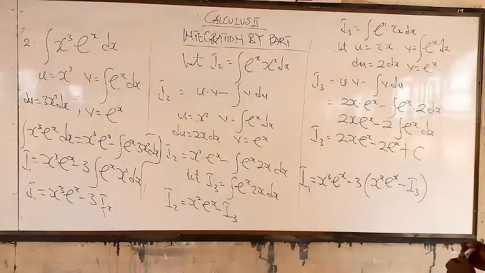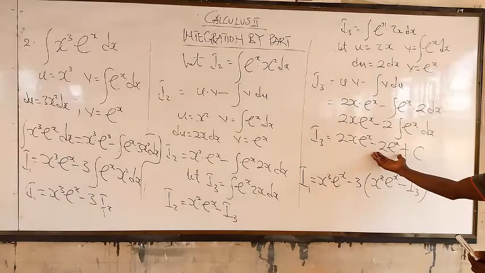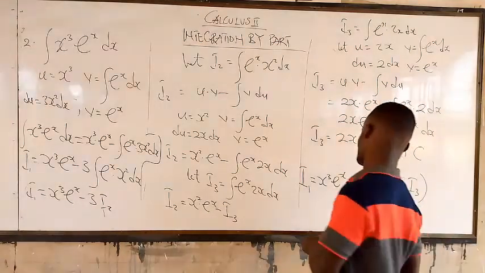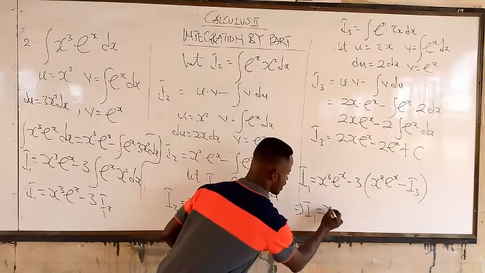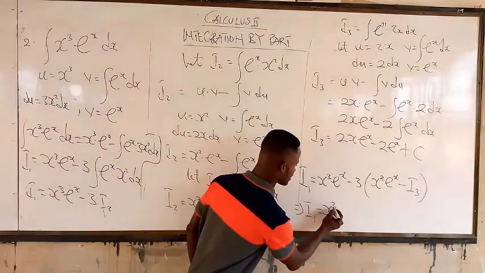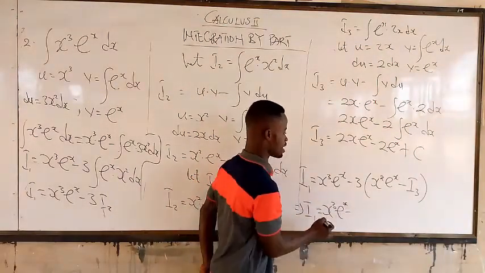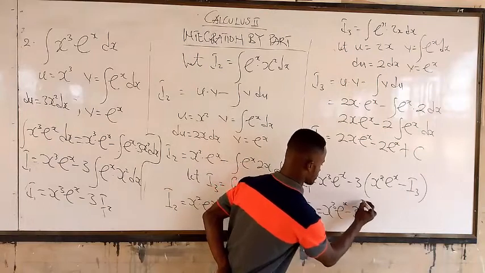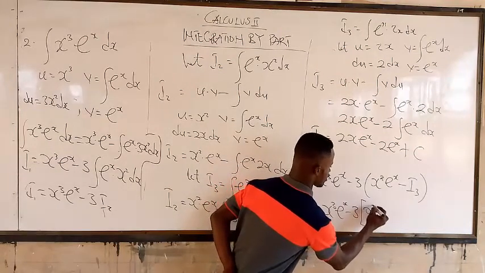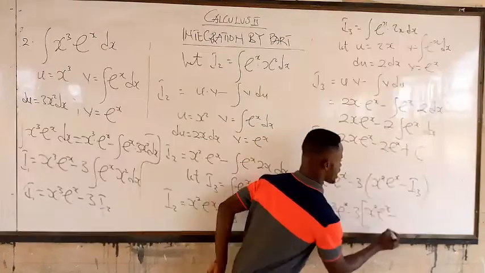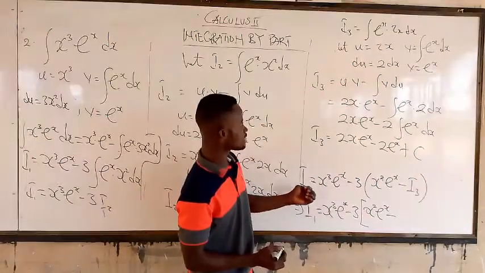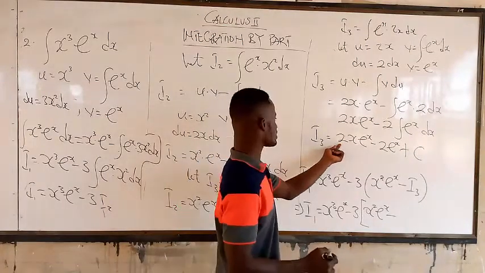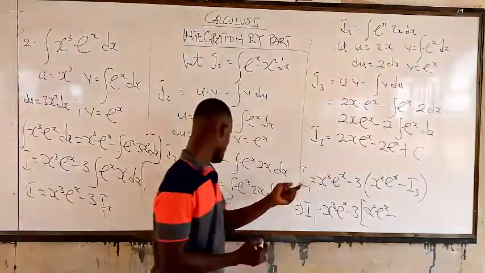Then where is this I3? And this is that I3. Then you come back again. Therefore, I1 is equal to s to the power 3 e raised to the power s minus 3 s to the power 2 e raised to the power s minus I3. So where is this I3? This is that I3. Alright?